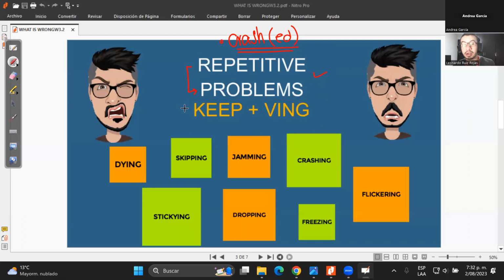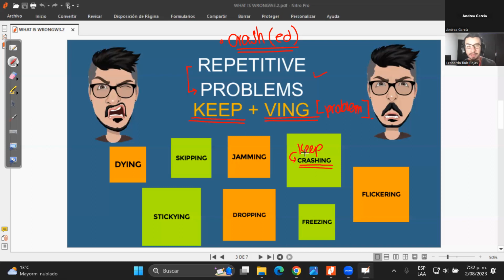But those problems, which are repetitive, which I fix but which happen again and again and again, are going to be expressed with the verb keep, which you know means maintain, and the verb in ing. That verb in ing is going to be the problem. For example, my computer kept crashing. Keep crashing means that something continuously stops working, it completely dies.